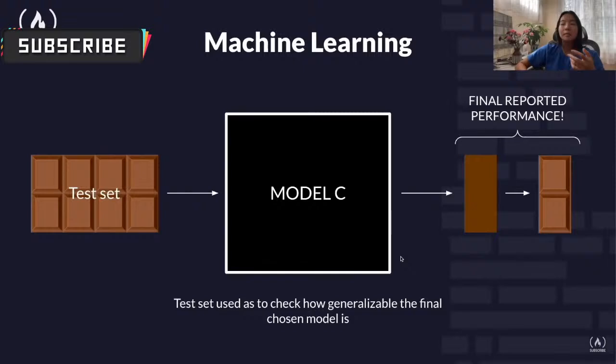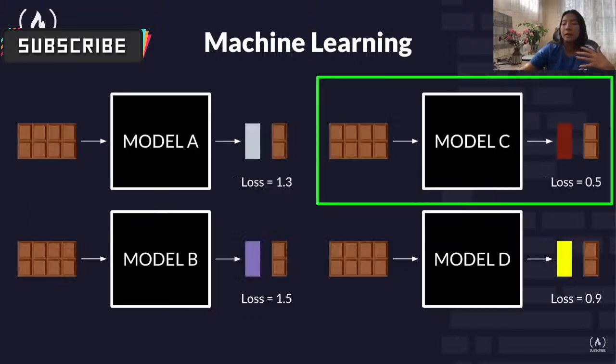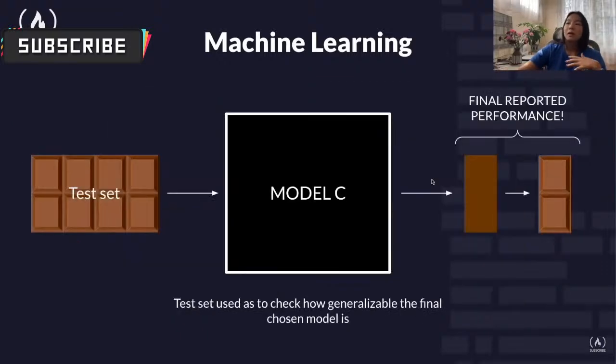Okay, now let's take model C. After we've come up with all these models and we've seen, okay, model C is probably the best model, we take model C and we run our test set through this model. And this test set is used as a final check to see how generalizable that chosen model is.